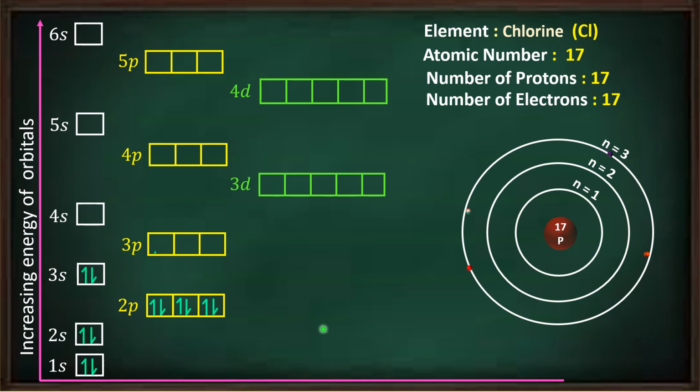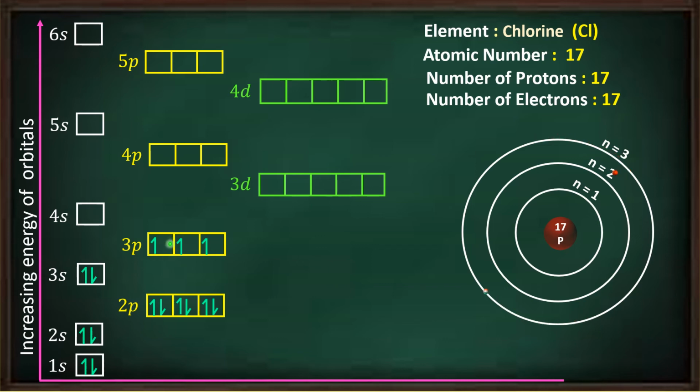So the 13th electron enters into 3p, isn't it? Next, the 14th electron enters into this, and the 15th electron occupies the other empty orbital of 3p.